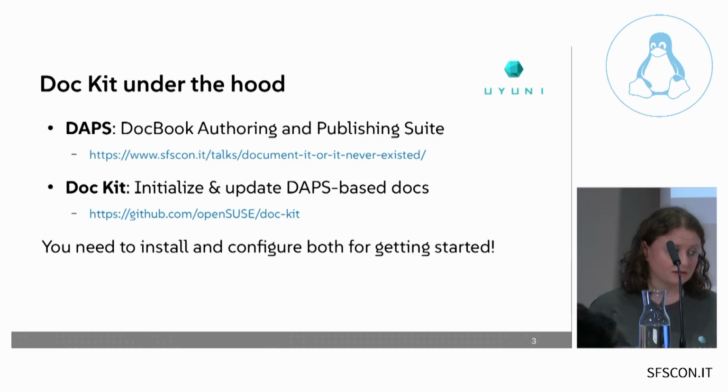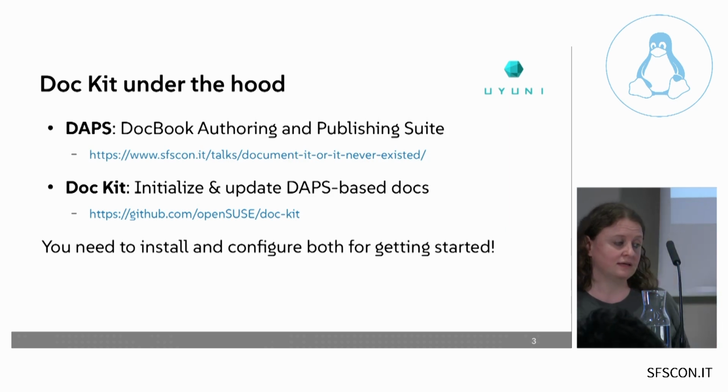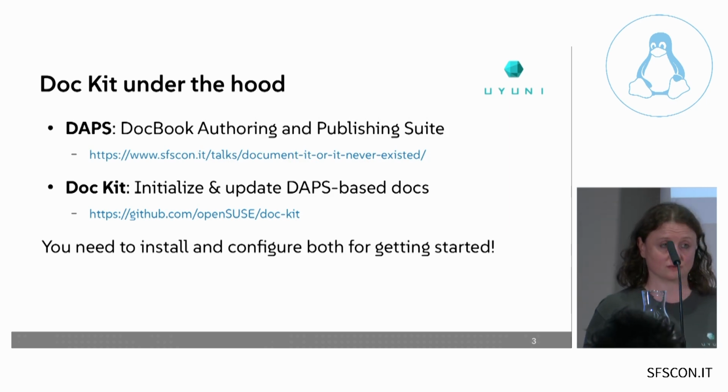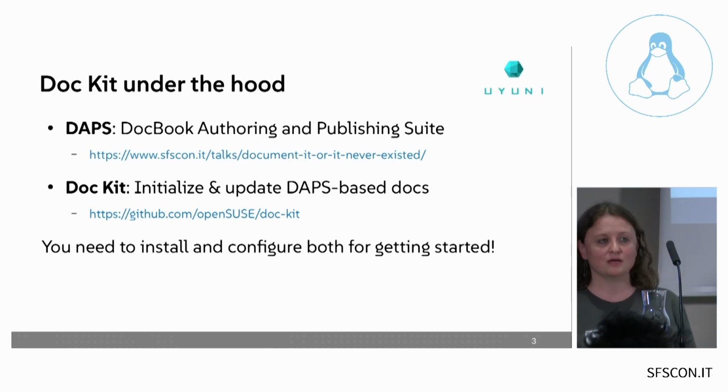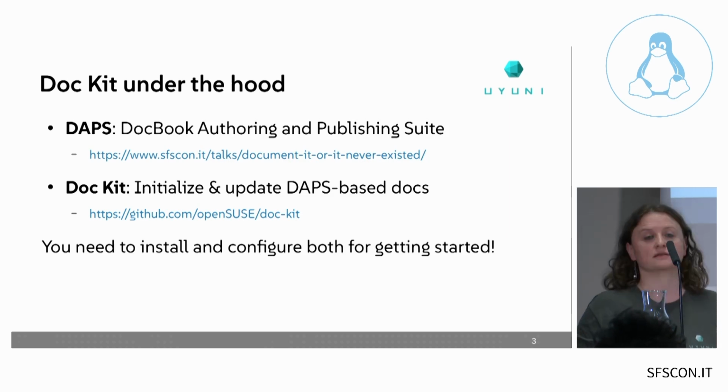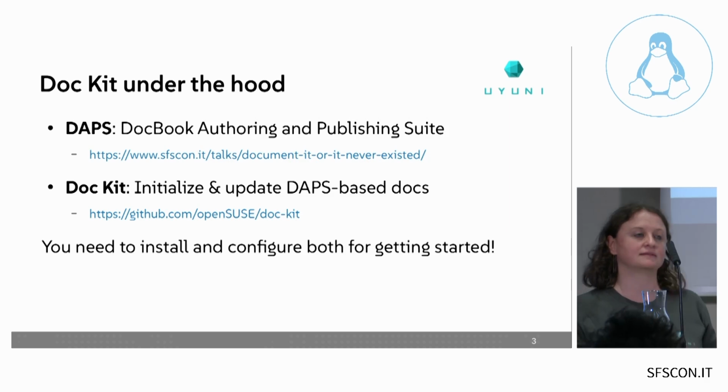Because with DAPS and with DocKit, what you can do is automate the creation of this documentation, but at the same time, you can also customize it really quickly. For instance, you have your open source project and you are also providing some kind of support on it.